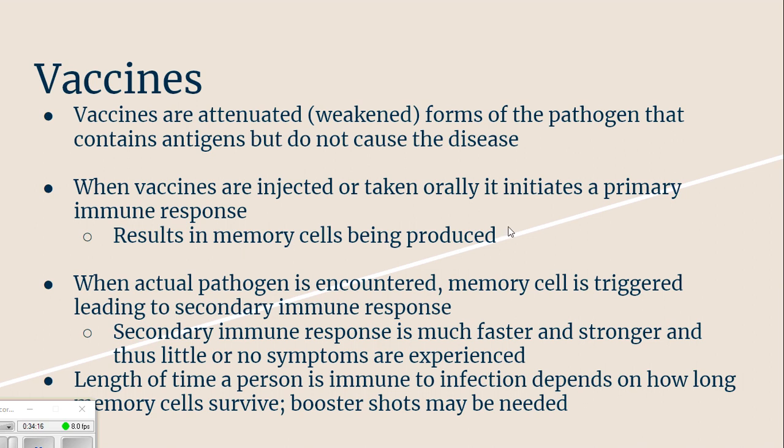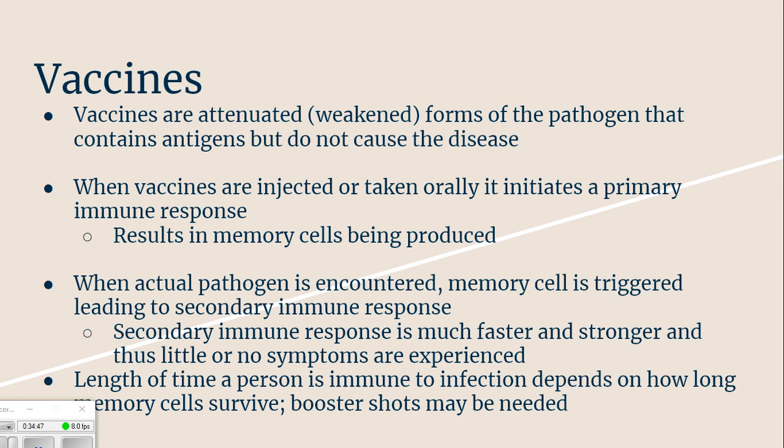So it'll go through that process of T cell activation, which leads to B cell activation, and then you'll get B cells producing that specific antibody, and then those plasma cells will eventually become memory cells. It's those memory cells that are going to provide us with long-term protection should we ever be exposed to that particular pathogen. When the actual pathogen is encountered, those memory cells are triggered, leading to that secondary immune response.